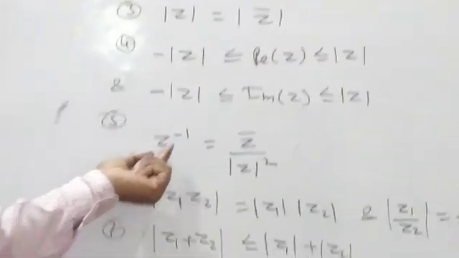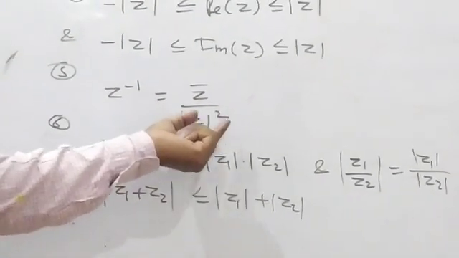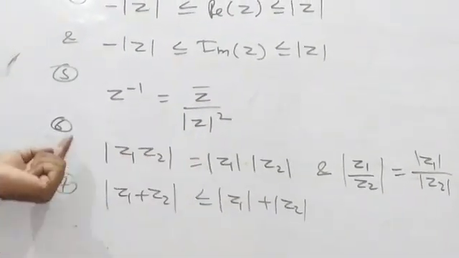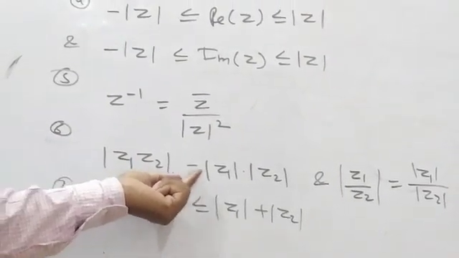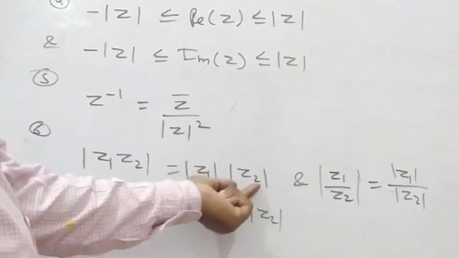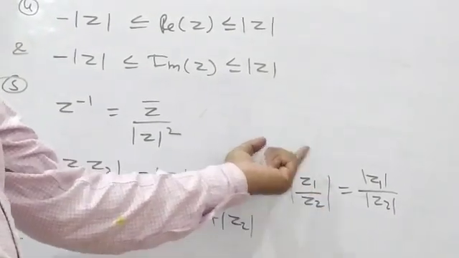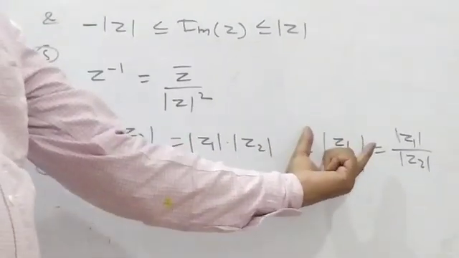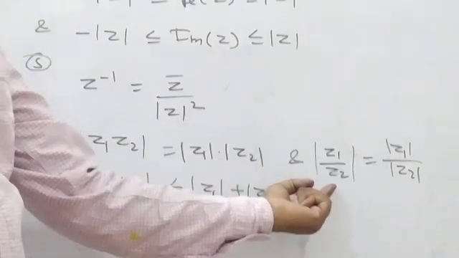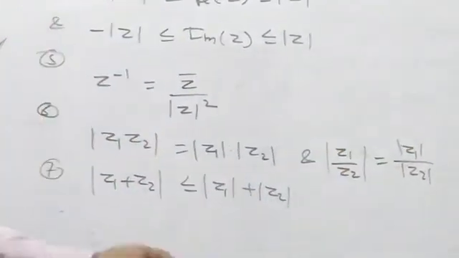Now z power minus 1 is equal to the conjugate of z upon the square of mod of z, and mod of z1 into z2 is equal to mod of z1 into mod of z2, and in division form, mod of z1 by z2 is equal to mod of z1 upon mod of z2.